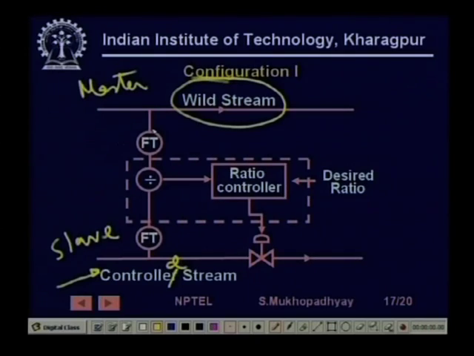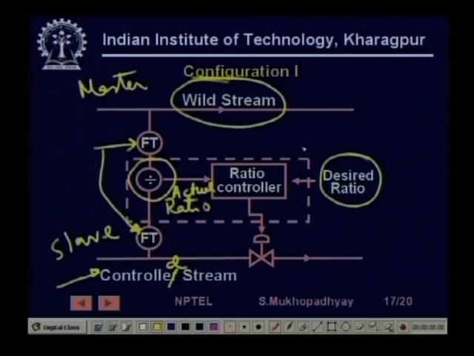This is our objective. Obviously, to be able to reach that we have to measure these streams, so we are putting two flow transmitters. They measure the volumetric flow rates. Here we are dividing them to get the ratio. This is the actual ratio, and this is the desired ratio, and this is the ratio controller.